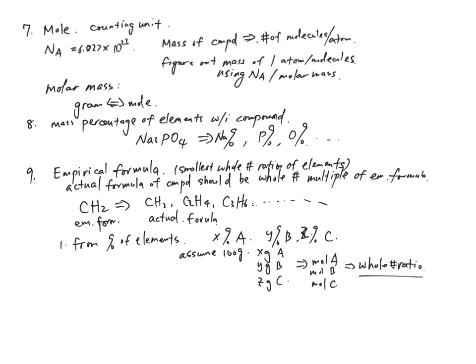And that ratio, okay, let's say it's M to N to L. Then your empirical formula for the compound will be A sub M, B sub N, and C sub L. So that's one way of getting your empirical formula.